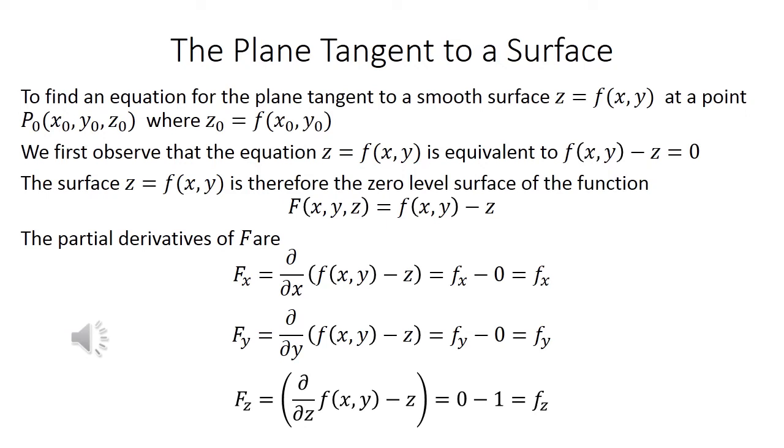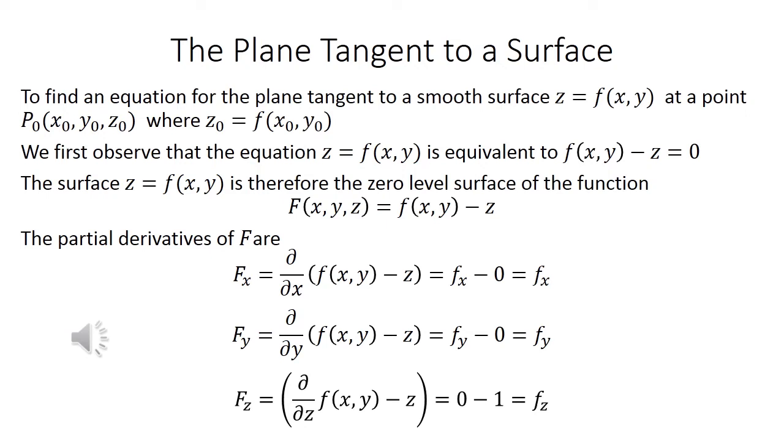So we can compute the partial derivatives of capital F as follows. Partial capital F with respect to x equals partial x of the function f(x, y) minus z, which equals the first derivative of small f with respect to x minus 0, which equals the partial derivative of small f with respect to x.